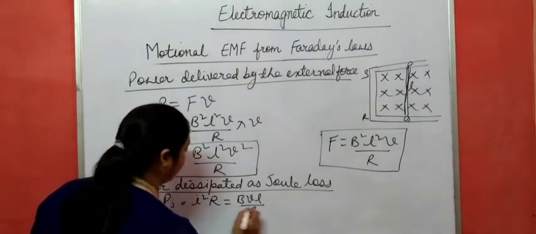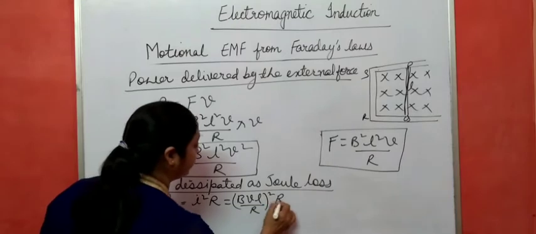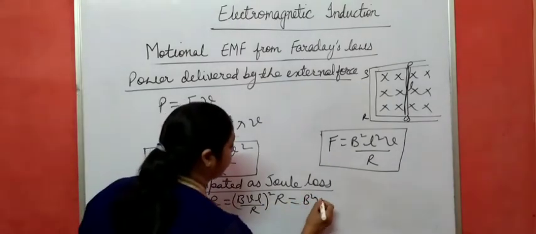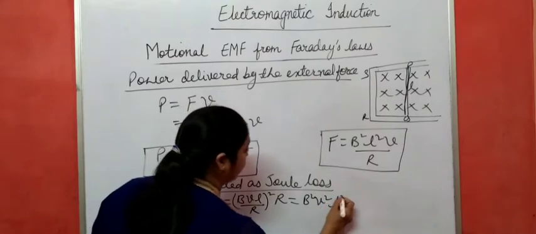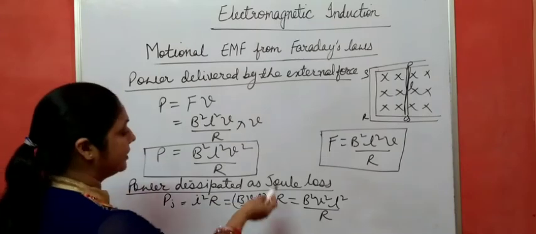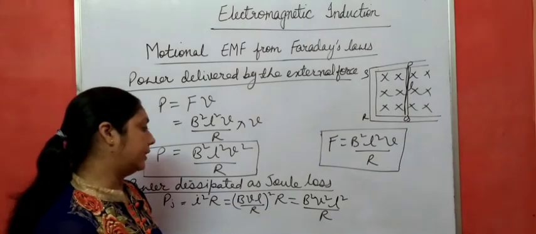B V L by R, whole squared, into R. Then this expression becomes B square V square L square by R. This is the expression for power dissipated as Joule heating loss.